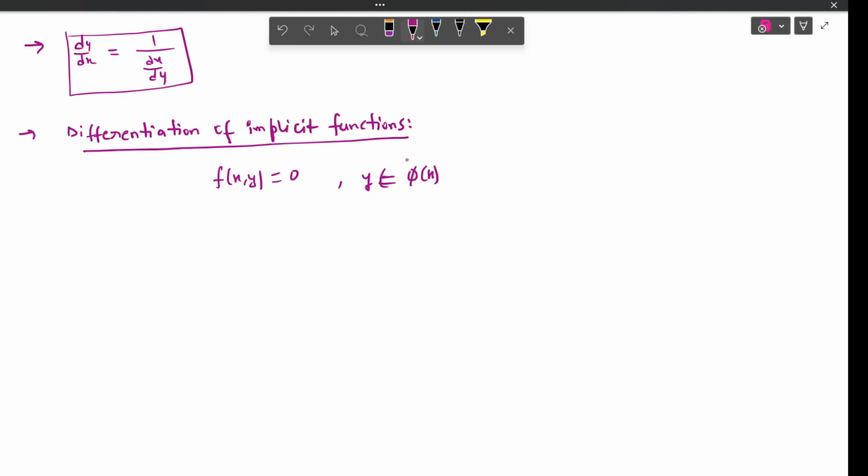In such case, here this function is not separable. That means you cannot separate x and y. Then y is said to be an implicit function of x. In that case, if you want to find out dy by dx, then you can write it as d phi by dy into dy by dx.